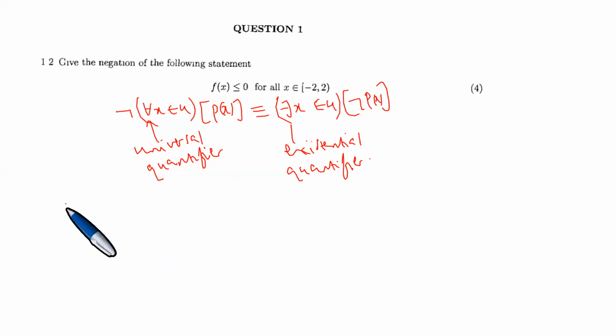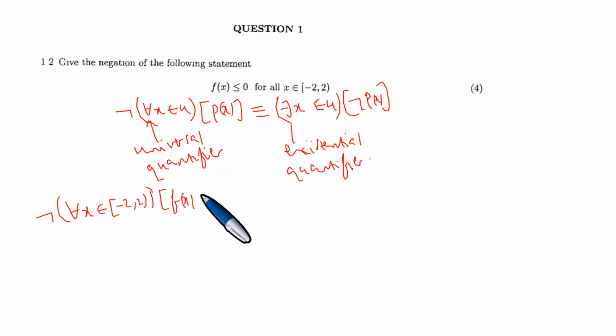What is this? This means for all x in the interval minus 2, 2, you negate this. You have f of x is less or equal to 0. This is logically equivalent to the following.